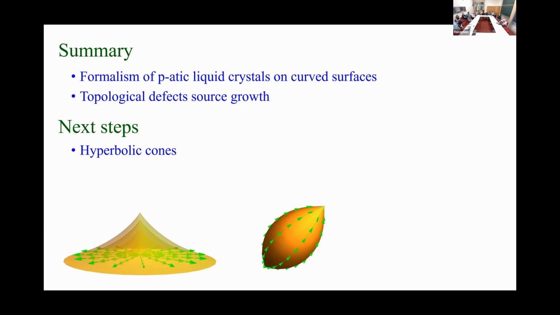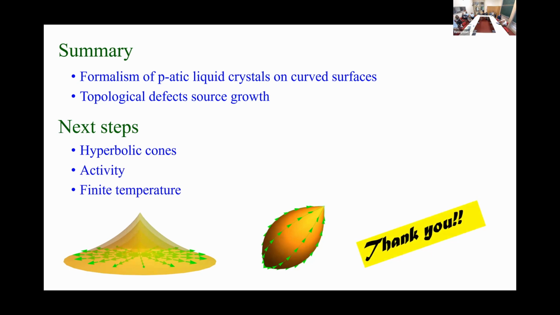Of course in nature there's both positive and negative, and ideally we want to consider both at the same time, but that's much harder. Baby steps. We could introduce activity and see how biological effects matter, or we could also consider the effects of finite temperature and these things. With this I'll conclude and thank you. I'm happy to take questions.